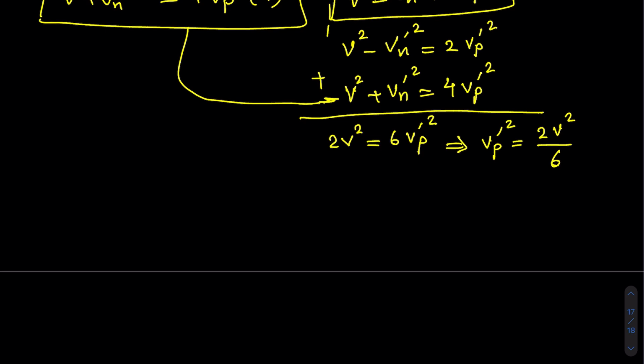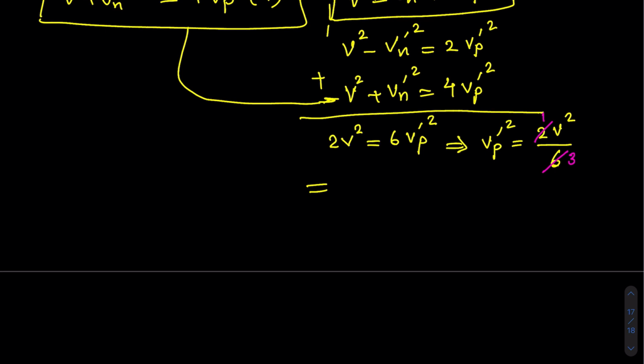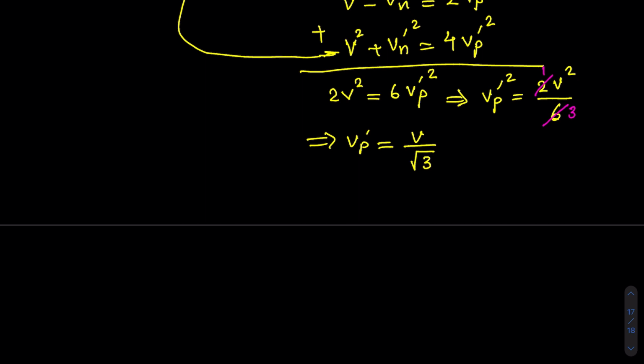Also we can simplify it. This is 1 and this is 3. They can be simplified. Therefore, we take the square roots from both sides of this equation. Vp prime is equal to v divided by square root of 3. Okay, so this is the value of vp prime based on the velocity of the nucleus before collision.